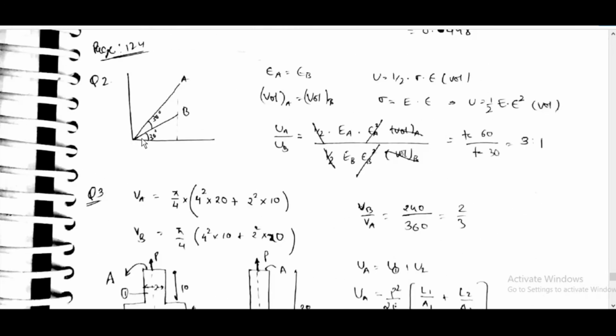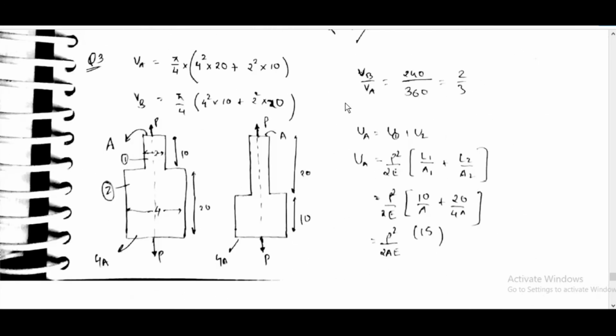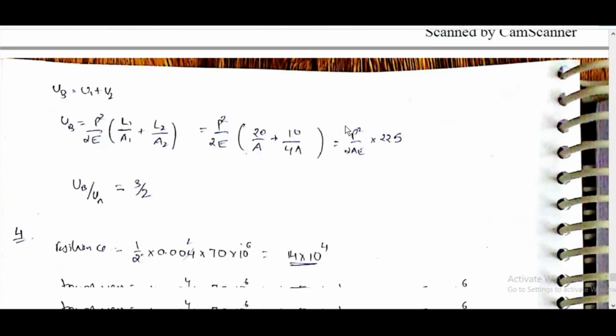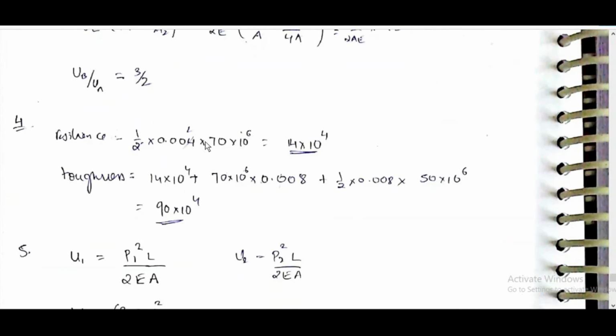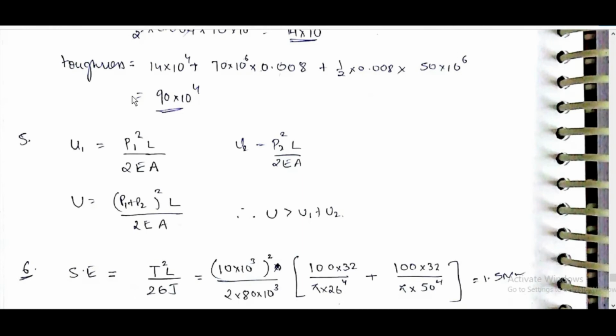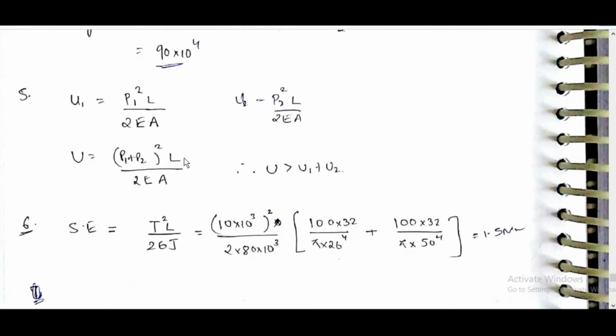Other questions are of a similar model. The normal strain energy calculations we have done. Resilience and toughness also, we can get from the area. One question: U1 is equal to P1 square L by 2AE, U2 is equal to P2 square L by 2AE.